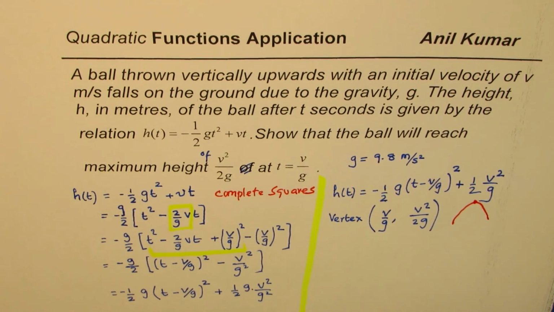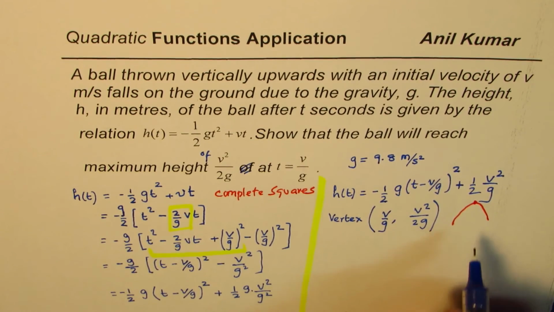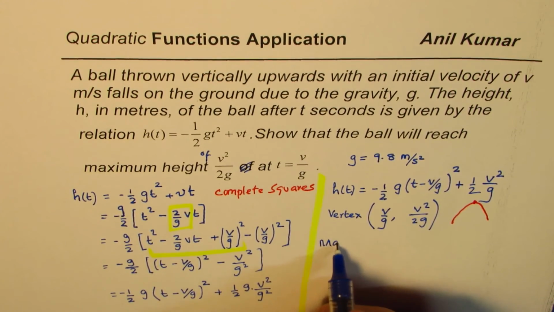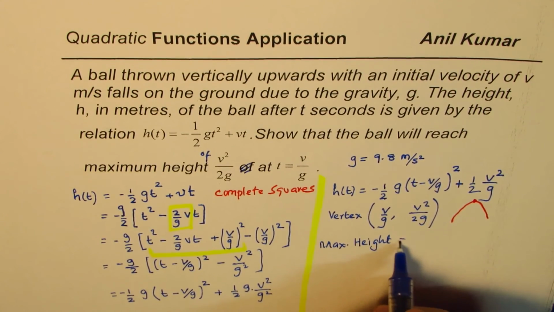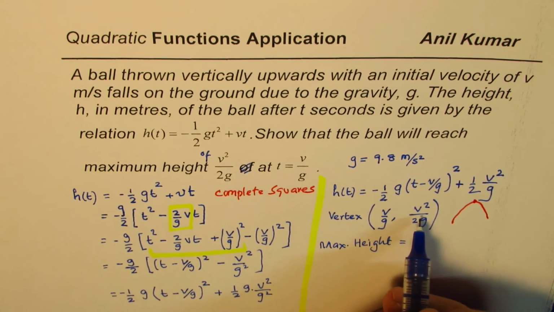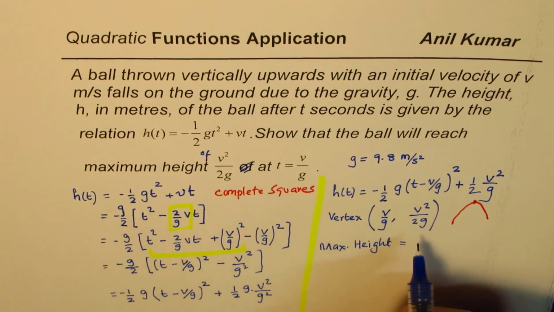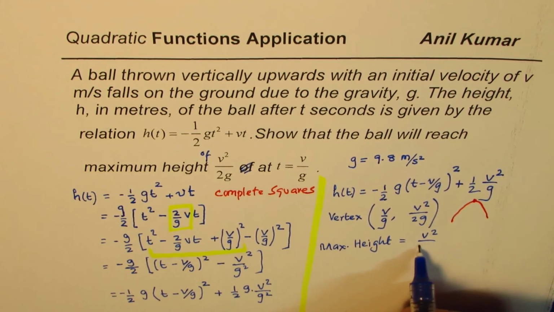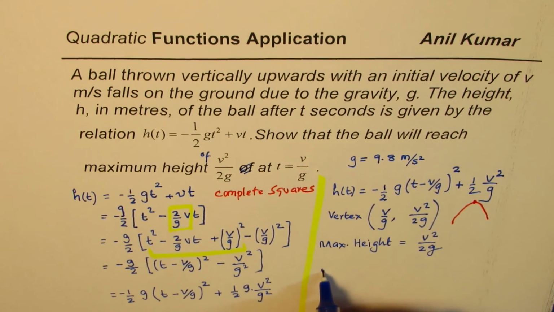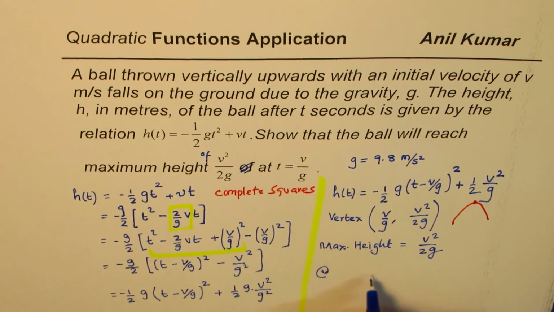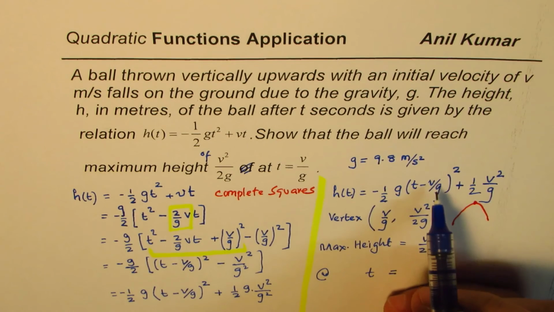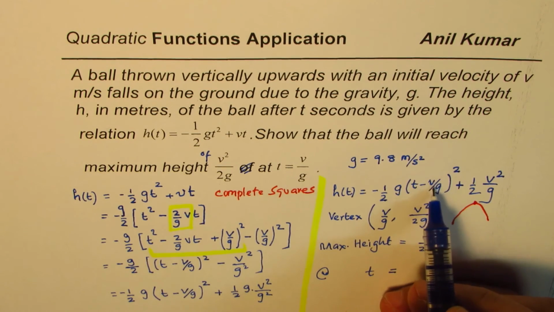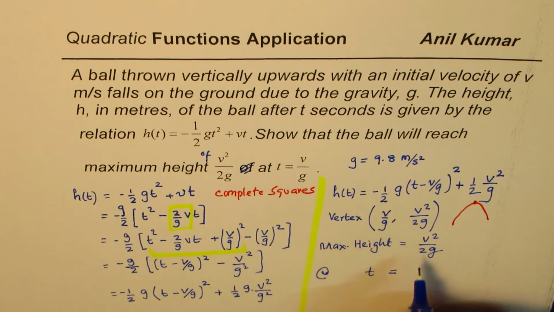Do you see that? From here we can conclude that the maximum height, the y value, in this case the height h of t, is v square by 2g, and it occurs at time t equals v over g, the independent value.